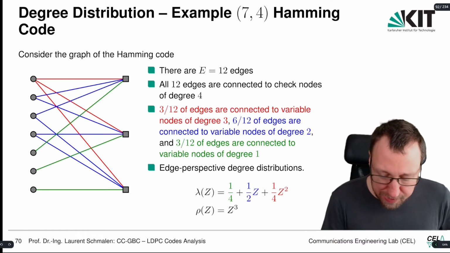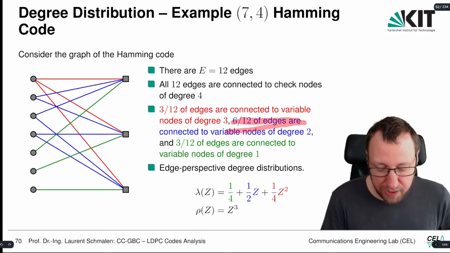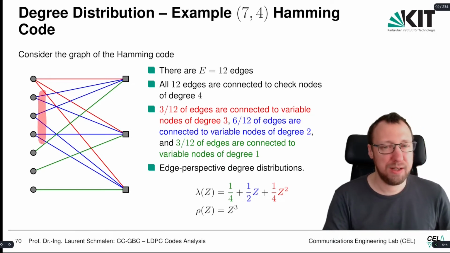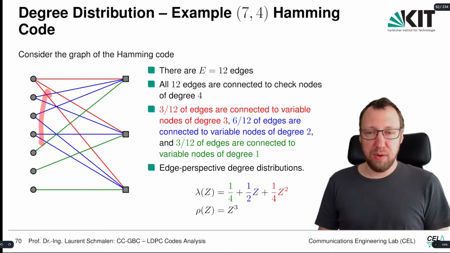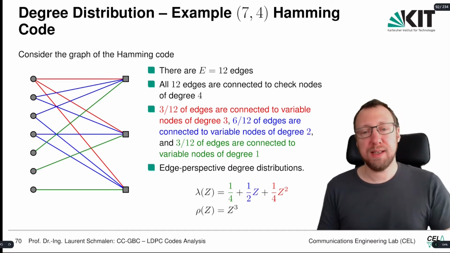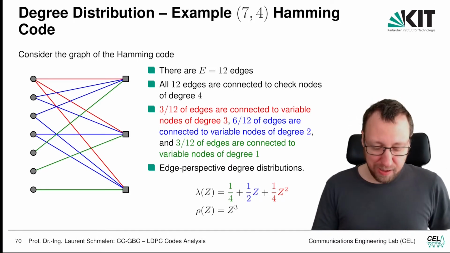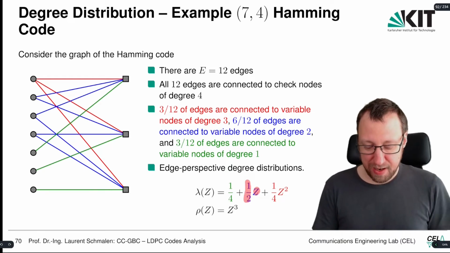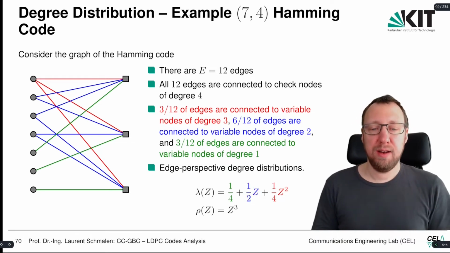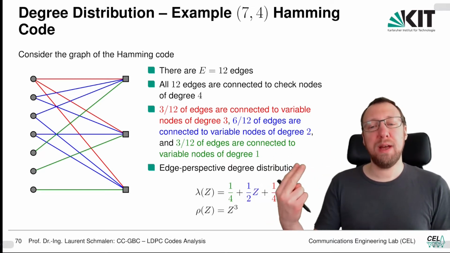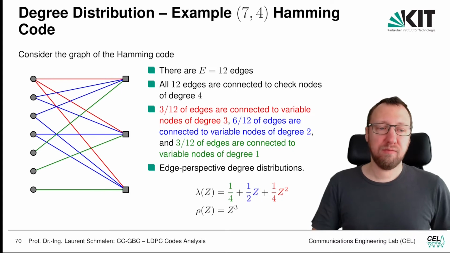Then we have 6 out of the 12 edges connected to variable nodes of degree 2. So these are the blue edges. We count the edges: 6 out of the 12 are connected to variable nodes of degree 2. 6 divided by 12 is equal to 1/2. So we have a lambda 2 of 1/2, and it is assigned with the indeterminate z. Degree 2 means exponent 1.